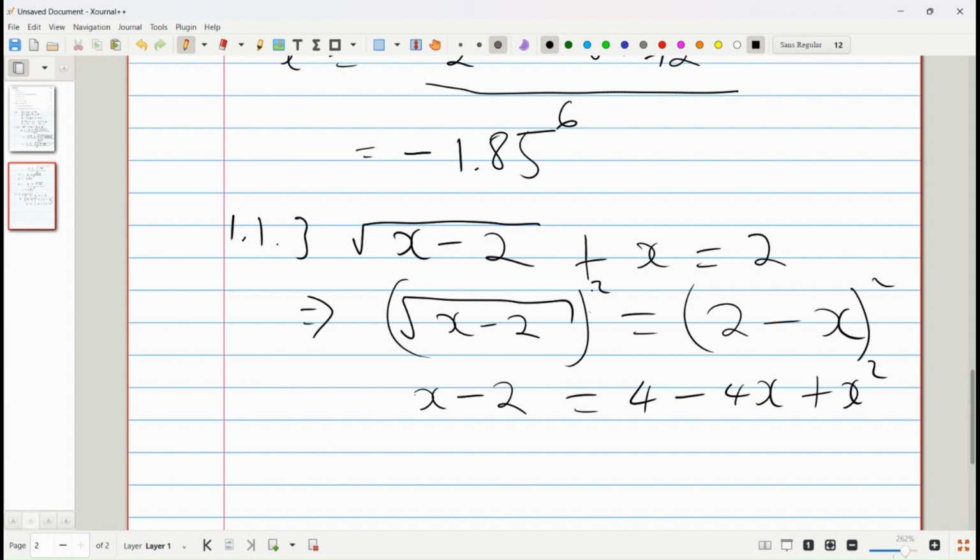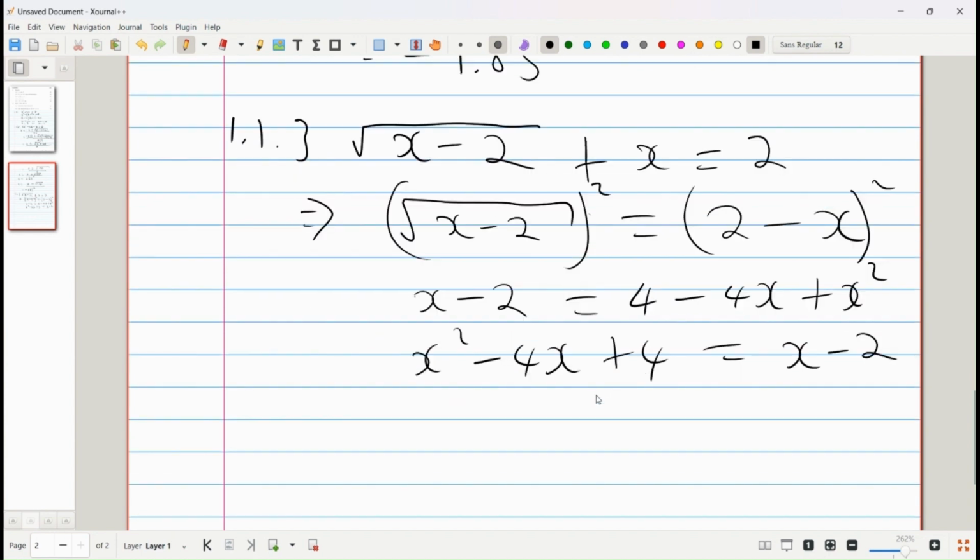So the next step here is to group the like terms. You can put this equation on the left hand side and this on the right hand side and not change anything. So you can have x squared minus 4x plus 4 equals to x minus 2.